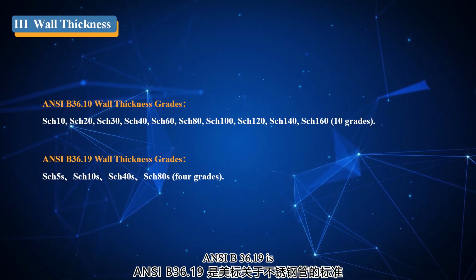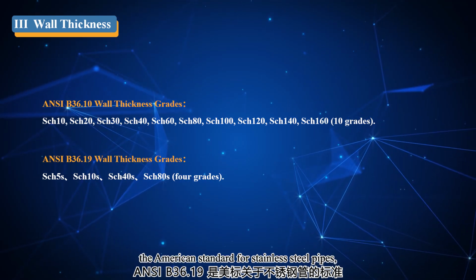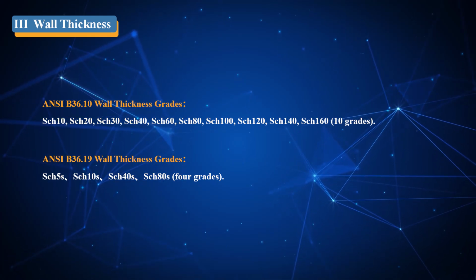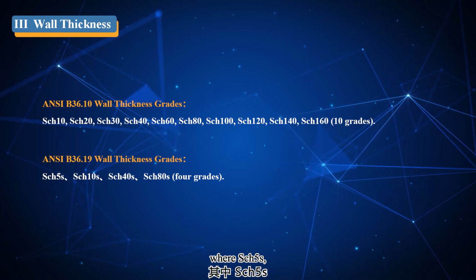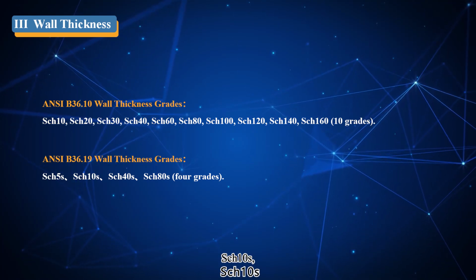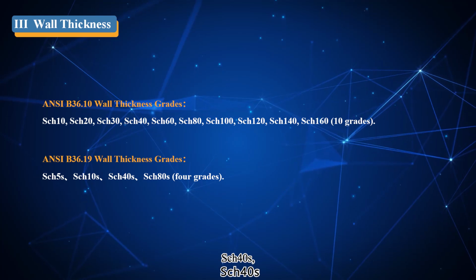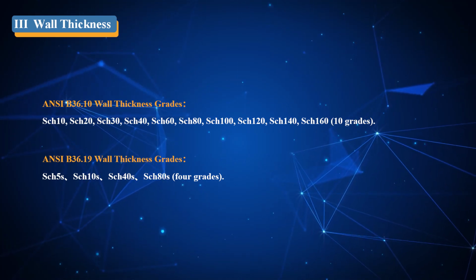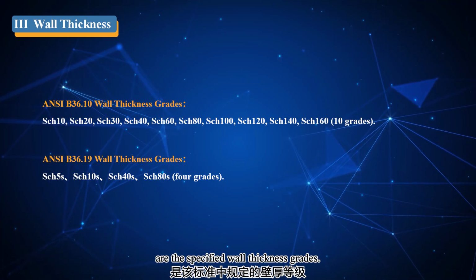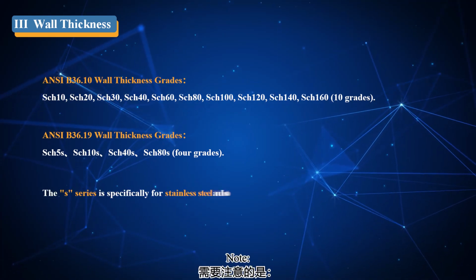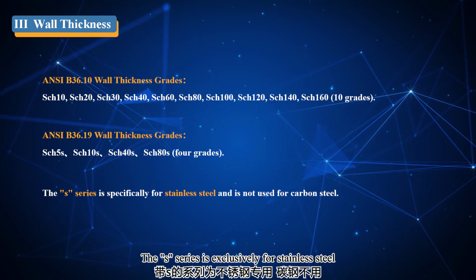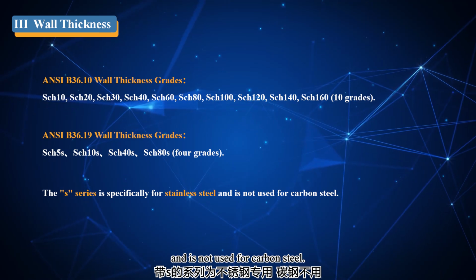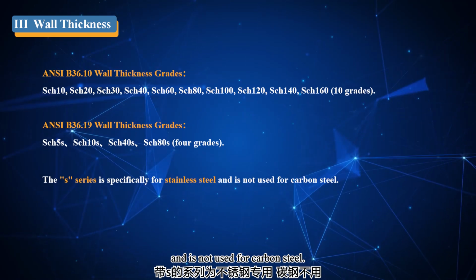ANSI B36.19 is the American standard for stainless steel pipes, where Schedule 5S, Schedule 10S, Schedule 40S, and Schedule 80S are the specified wall thickness grades. Note: the S series is exclusively for stainless steel and is not used for carbon steel.